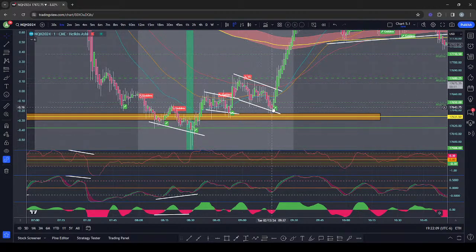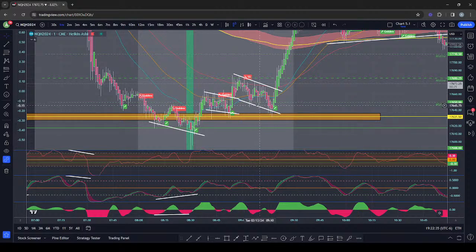So even though I see this, and that's why I have these marked, I'm still going to try to find some sort of confirmation that will tell me I am going to take this trade to the top. I know right now that my EMAs are really tightening up in here, and it's transitioning, going bullish.